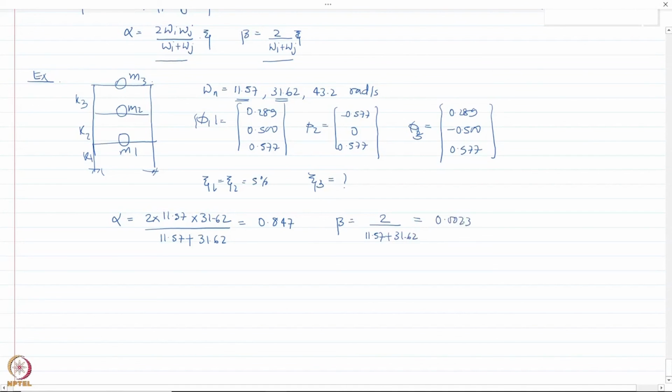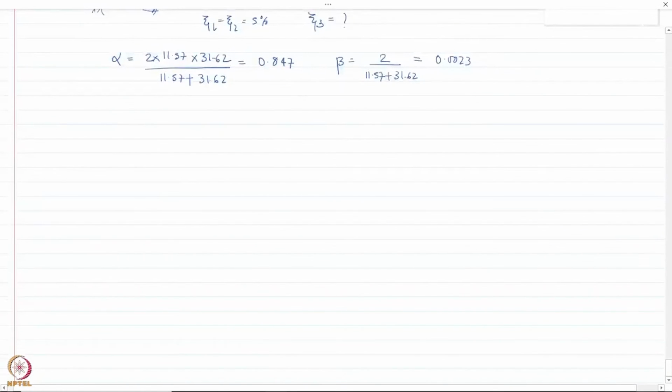So for any other mode, the damping can be found out as alpha by 2 omega 3 plus beta omega 3 by 2. Once we substitute the values, this comes out to around 6% or 0.06.